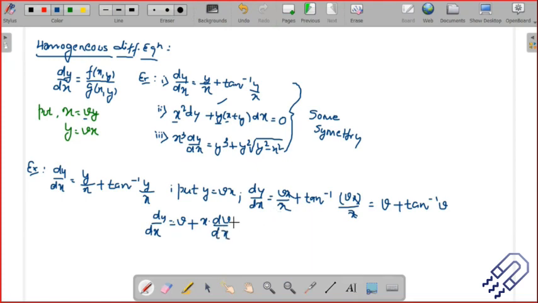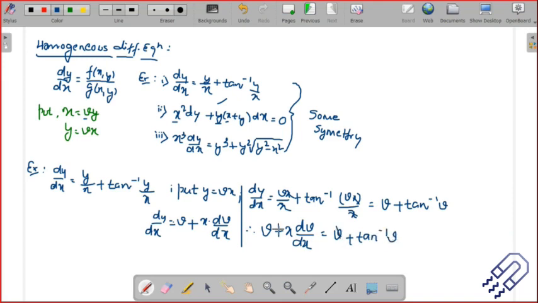Done. Then what I can do is I can put it here. Let me just, not to confuse you, put one line here. I can solve it. So therefore we can say dy/dx, we have just now found out it's nothing but v plus x dv/dx is equal to v plus tan inverse v.